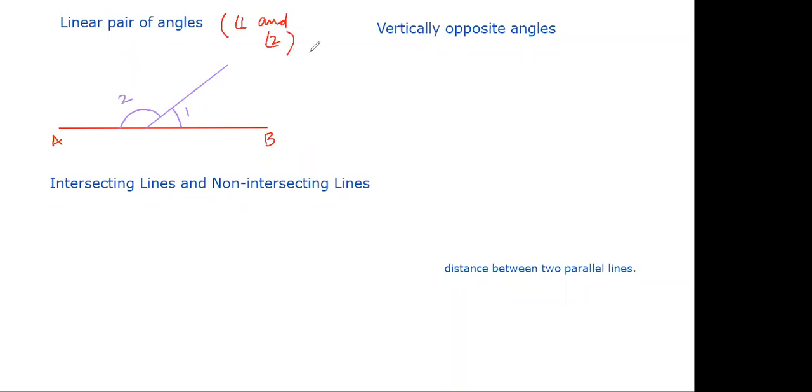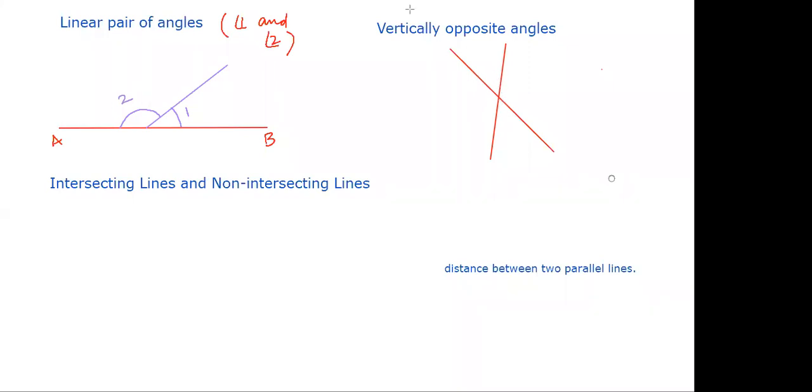Alright students, what are vertically opposite angles? So students, just see, let's say I draw a line segment and I draw another line segment. Alright. Now I see four angles being formed.